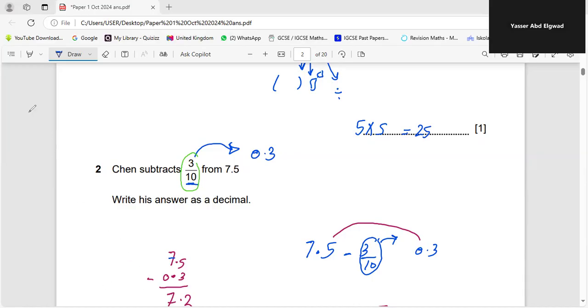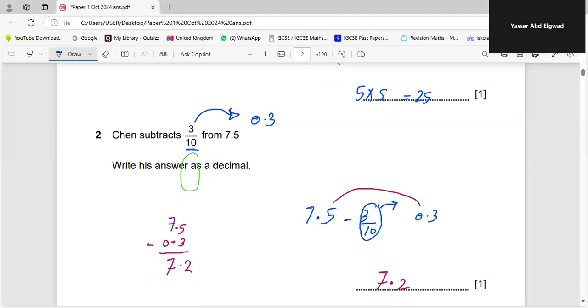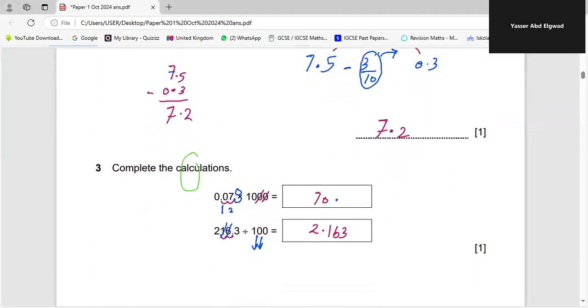The next question: compare or complete. So we complete the calculation. Here is we have a rule. If you multiply a number by 10, 100, or 1000 and we have a decimal point, we move to the right.